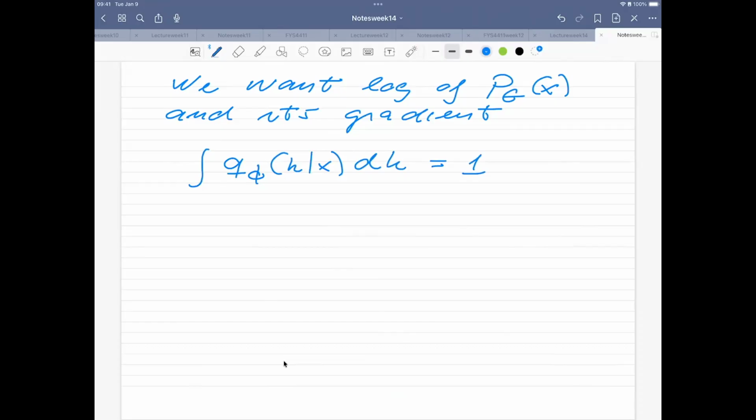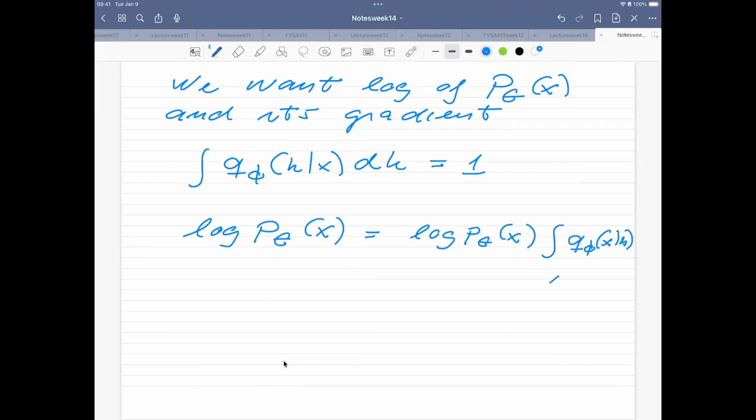So when I take the log of p theta, this is a quantity which we are going to derive now. This is obviously equal to log of p theta of x, but nobody hinders me from multiplying it with 1, which I have defined as the term you see here: an integral over q phi of h given x, multiplied with dh.